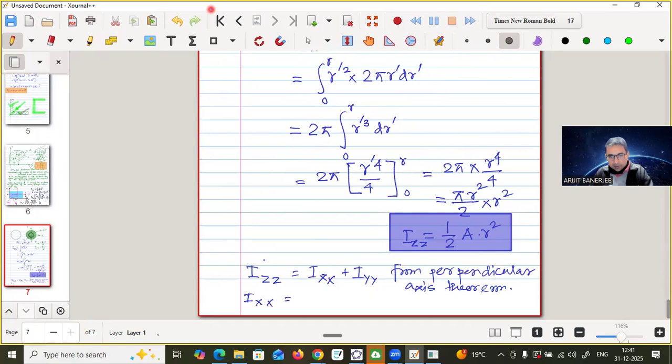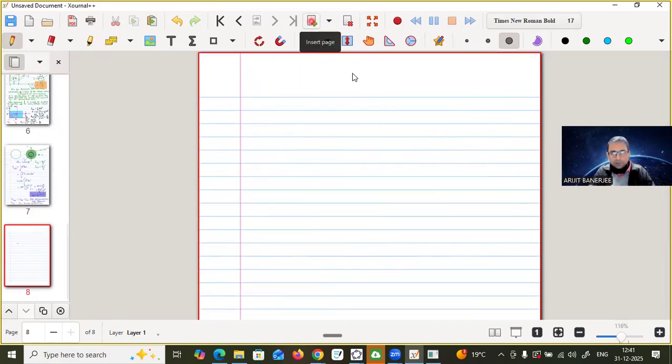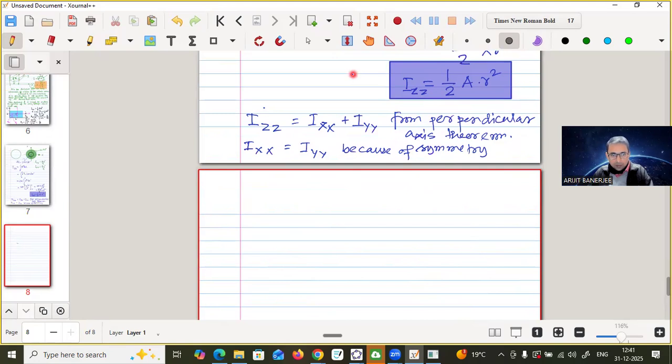Ixx is equal to Iyy because of symmetry. Therefore Izz is equal to 2 Ixx or 2 Iyy. So what is Ixx?